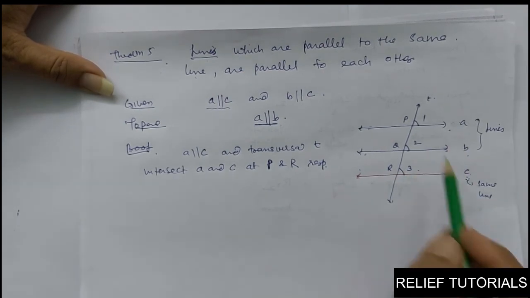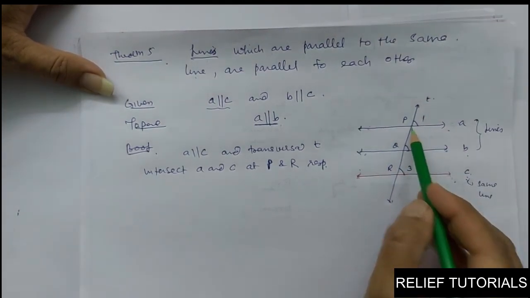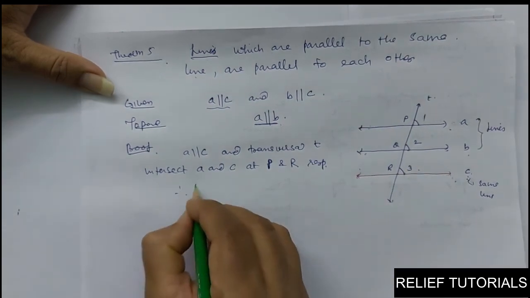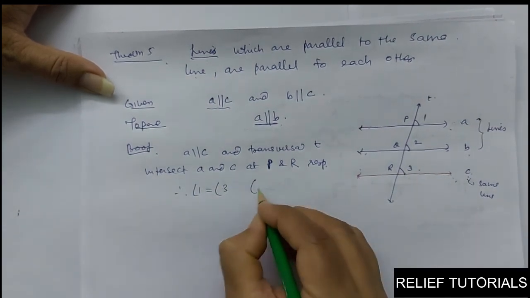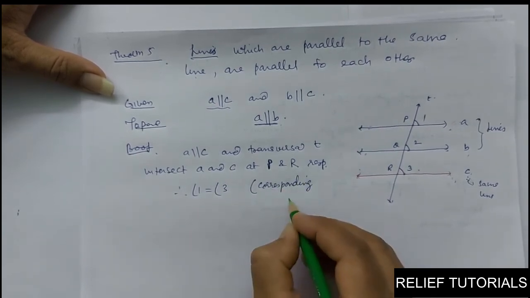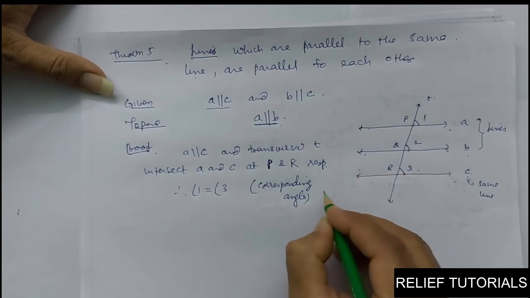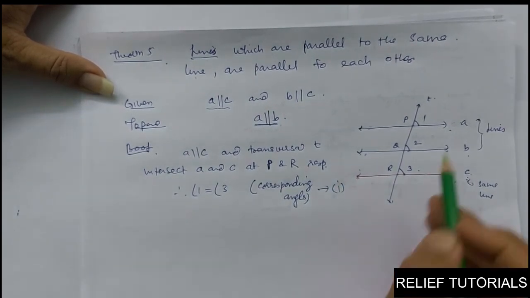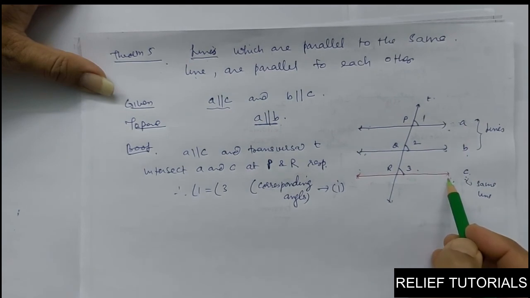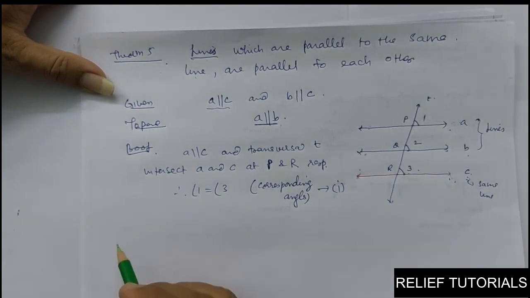So we can say angle 1 is equal to angle 3. Why? Corresponding angles. Have you got it? If lines are parallel, corresponding angles are equal. Here A is parallel to C, so corresponding angles 1 and 3 are equal.